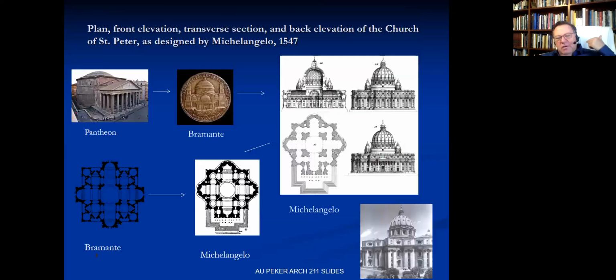In both Bramante and Michelangelo, we don't have this great basilica nave and aisles here. They didn't like it. They would like to introduce this great centralized building, well proportioned, because they understood that a projection of a basilica would spoil this integration.